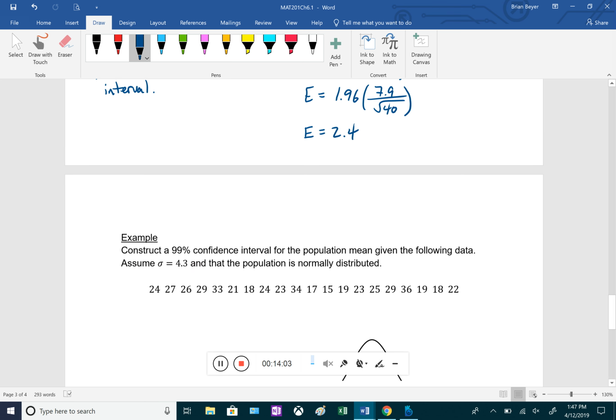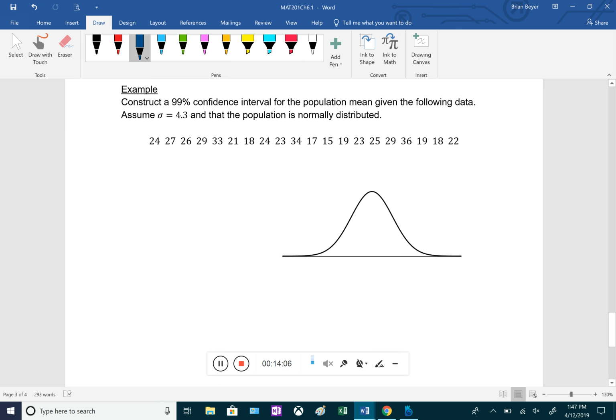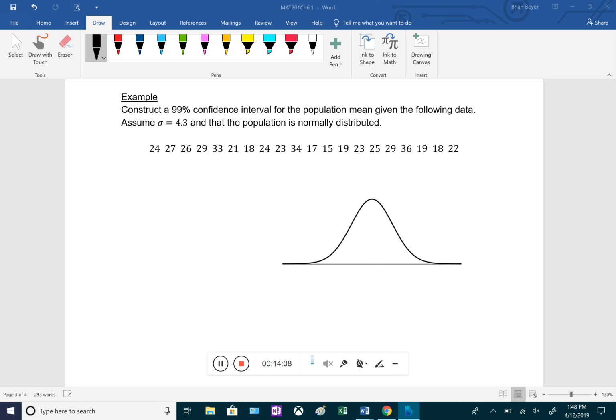Okay, so let's do one more here. We want to construct a 99% confidence interval for the population mean given this following data set. And we want to assume the population standard deviation is 4.3 and that the population is normally distributed. So a couple quick checks to make sure that we can do this.